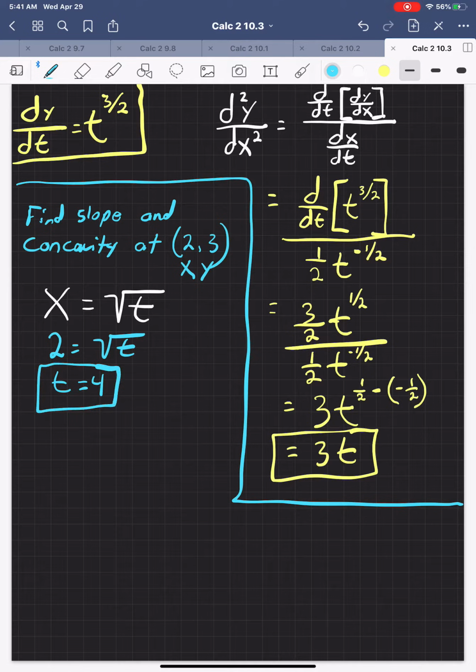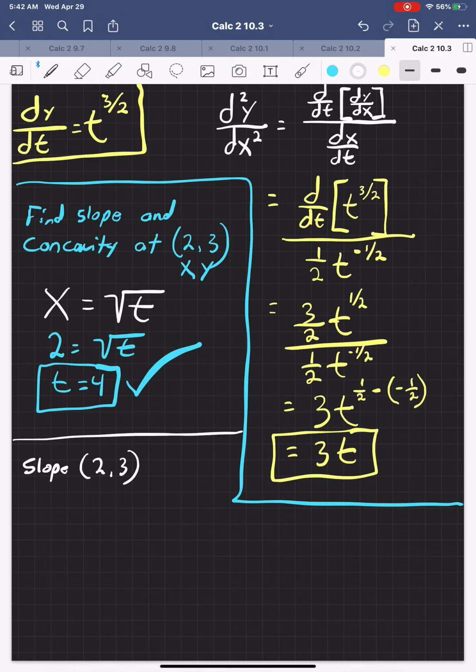All right, now I needed that step to answer this question. So now that I know that t is 4, let's start with the slope. What is the slope at the point (2, 3)?